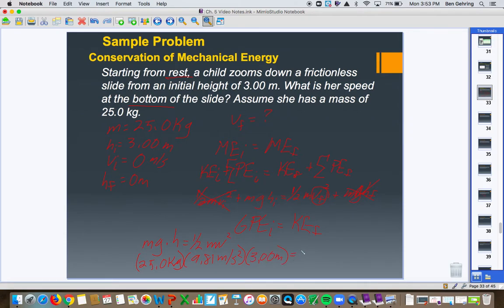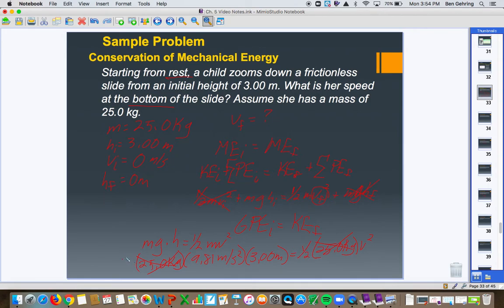This is going to be equal to 1/2, again times 25.0 kilograms times v squared. So if I wanted to, I could cut my 25 kilograms on both sides. I don't need them, they're extra. So I have my 9.81 times 3, and it's equal to 1/2 times v squared.